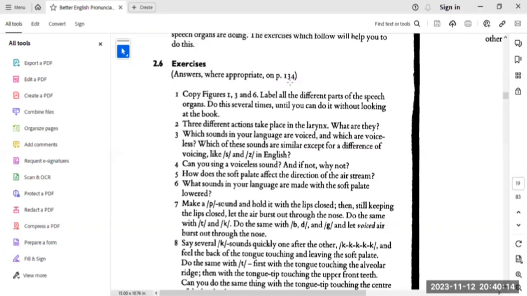Vocal cords. Okay. Are you sure? What's the question? Number 2.